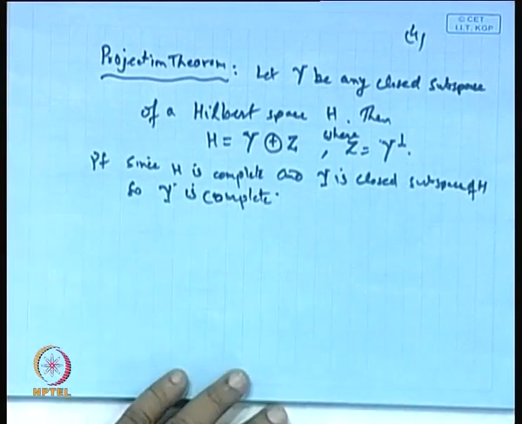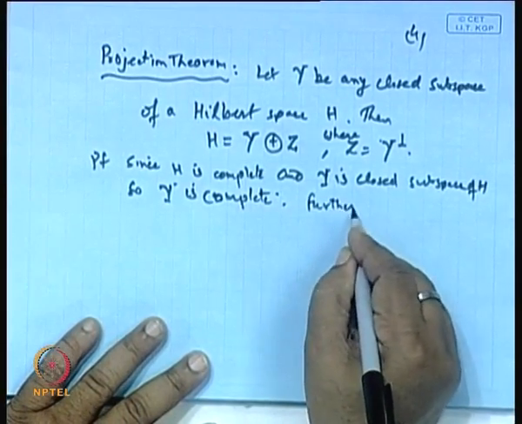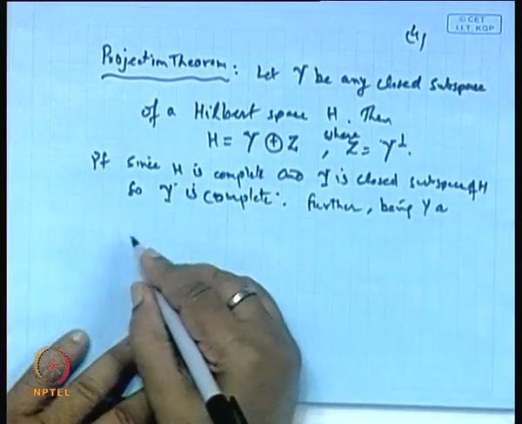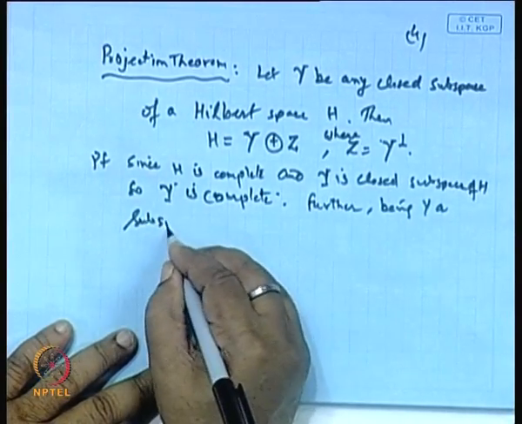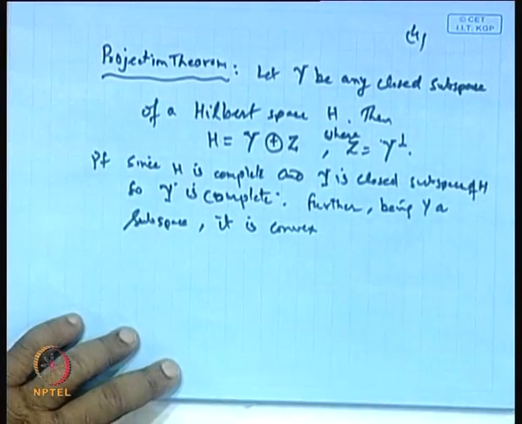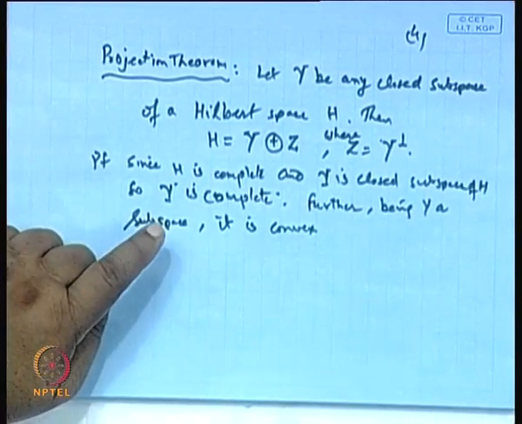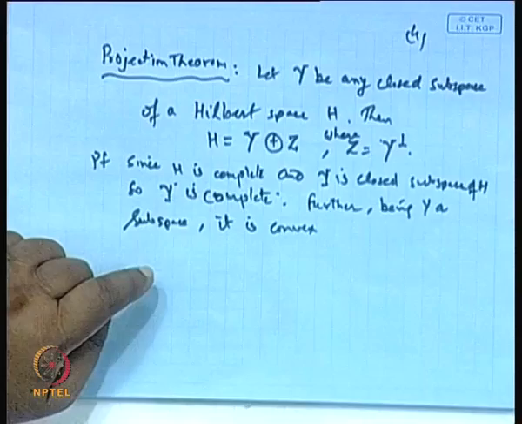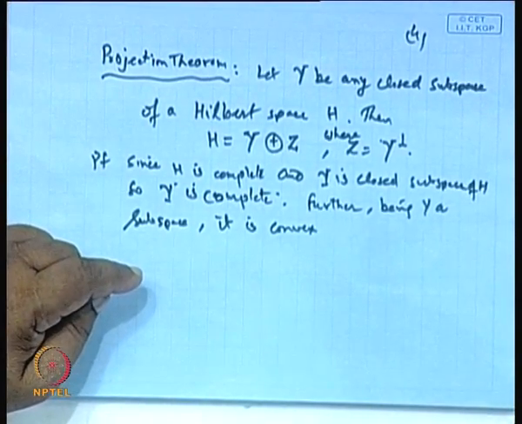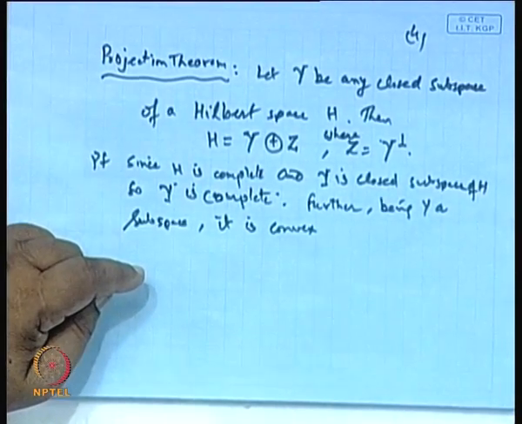Further, being a subspace, it is convex. Every subspace is a convex set. So, we have H as a vector space, and Y is a non-empty convex subset of H and complete.